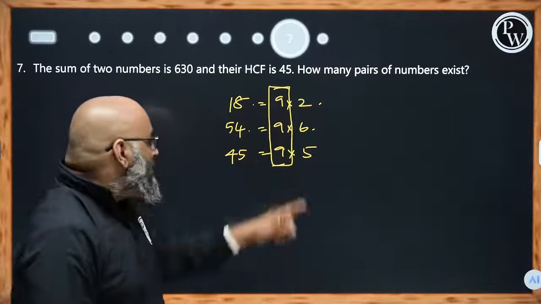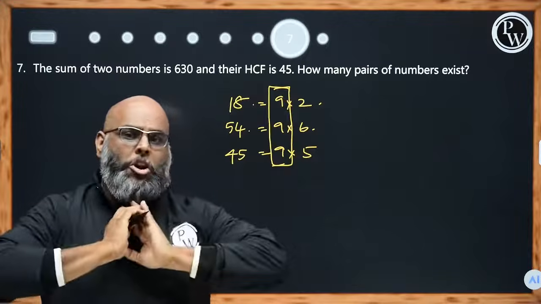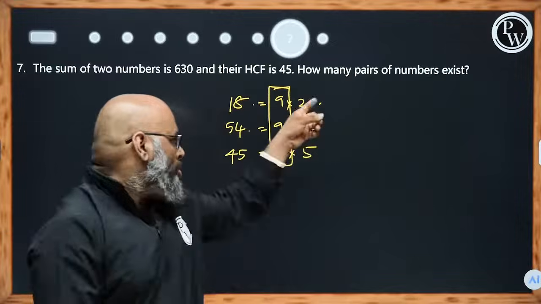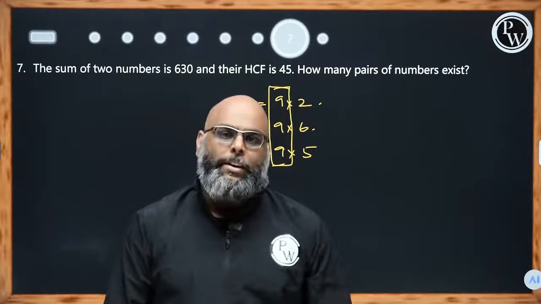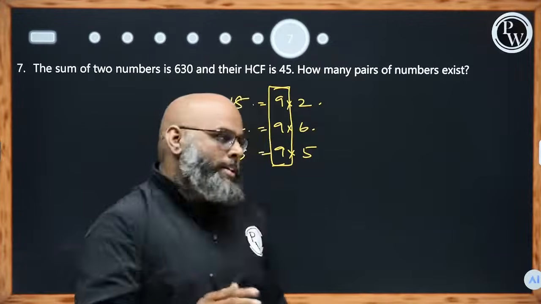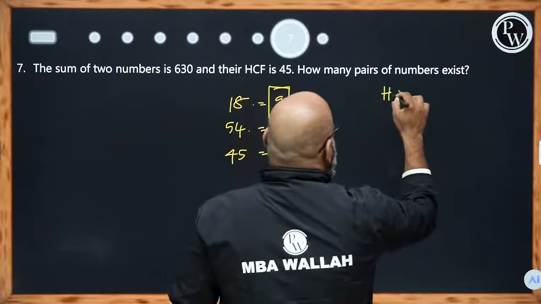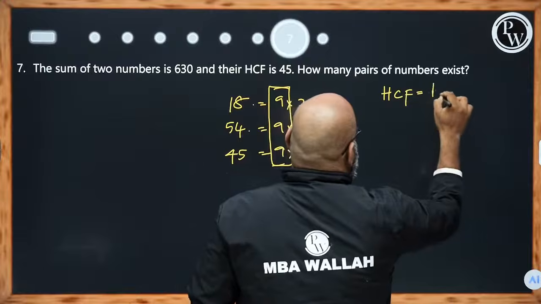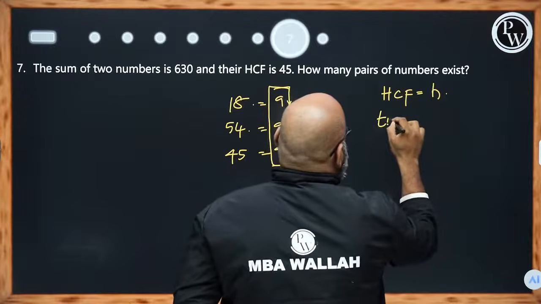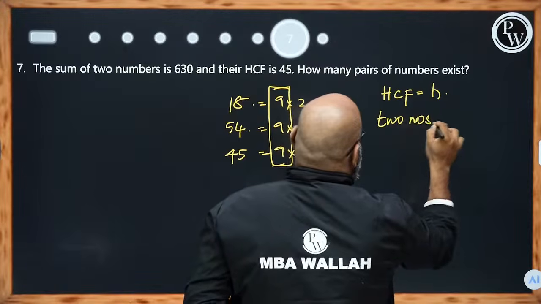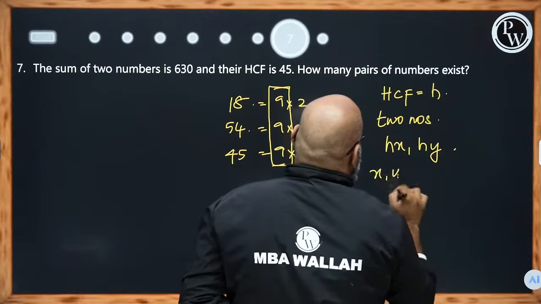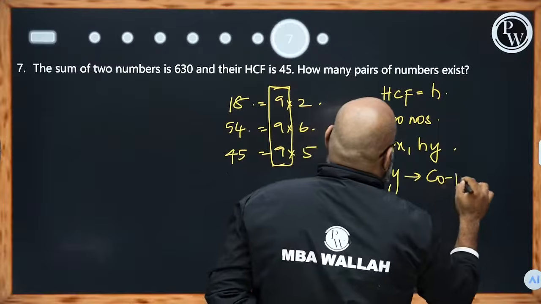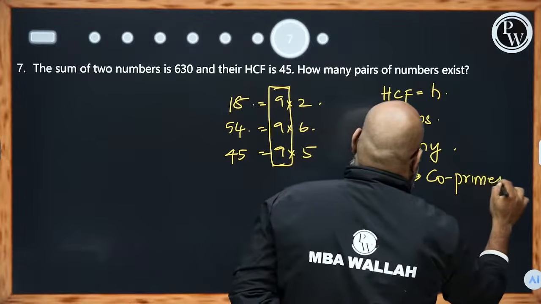Except 9, the other numbers cannot have anything in common. 2, 6, 5, what do they have in common? 1 is the only factor. When I say HCF is equal to H, two numbers will become HX, HY. X, Y are said to be co-primes.